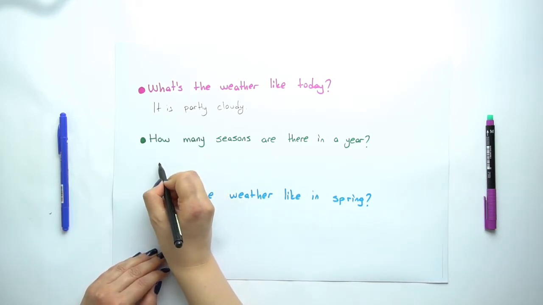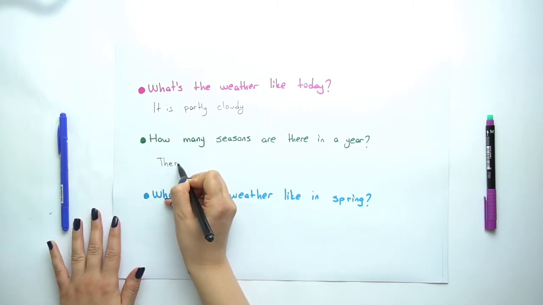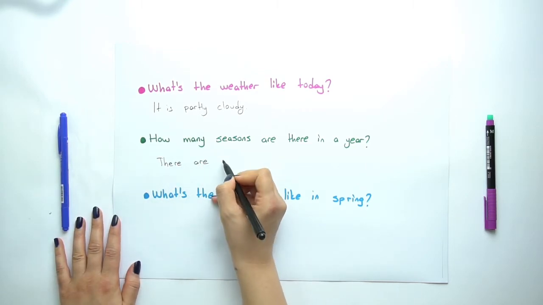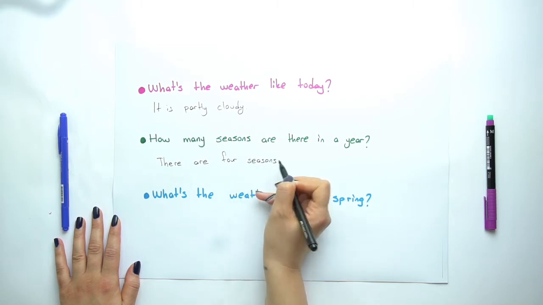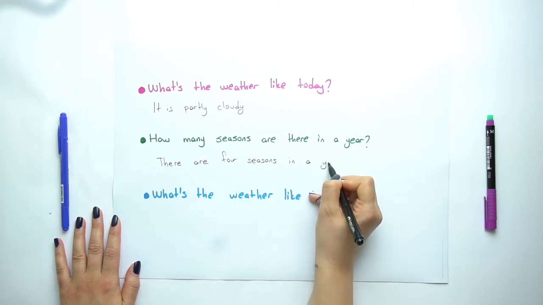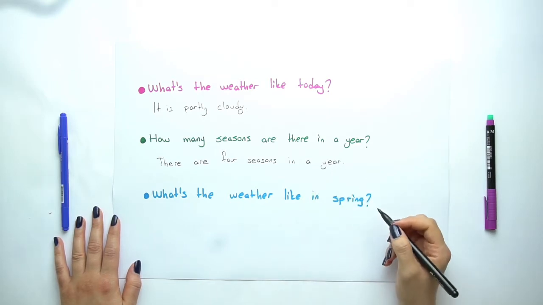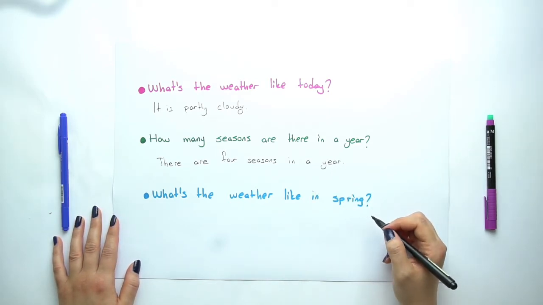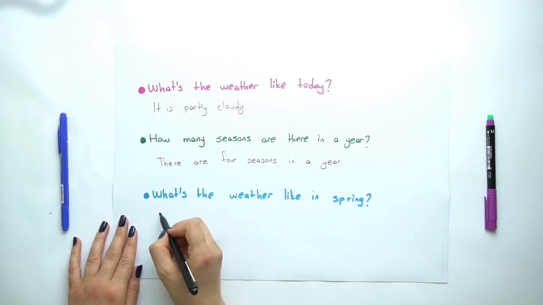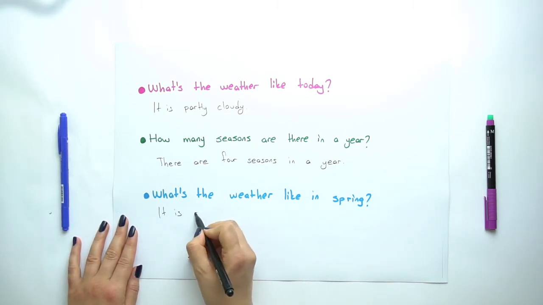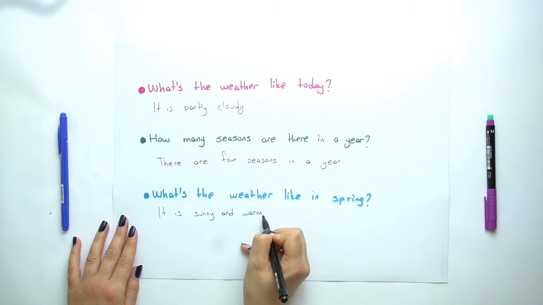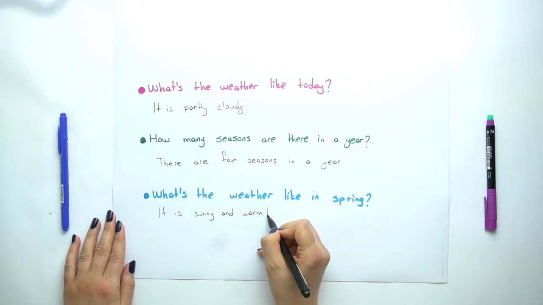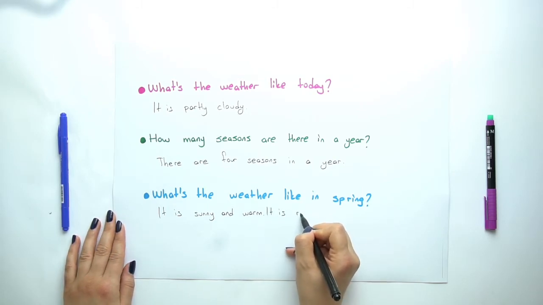So we can say there are 4 seasons in a year. And now third question. What is the weather like in spring? The weather is sunny and warm in spring. But also it is rainy too.